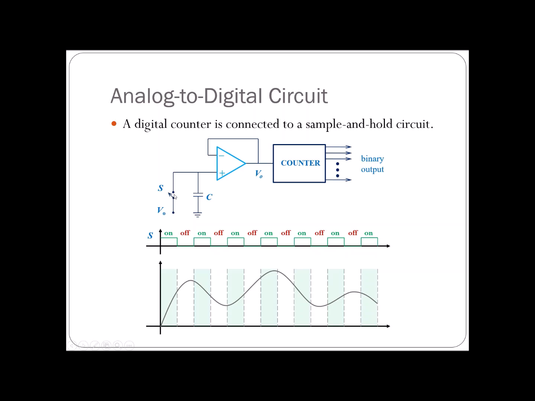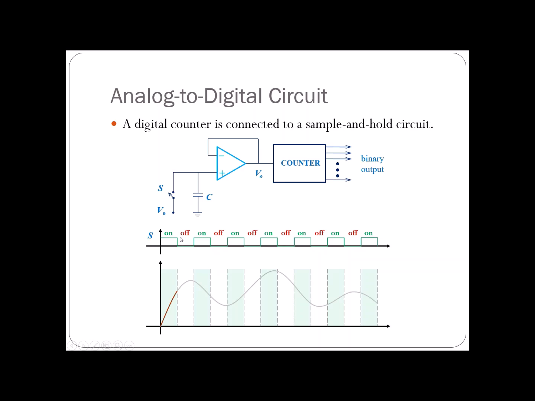And since this is connected, of course, this amplifier will just work as a voltage follower. So during this instance, when the switch is connected, the output of this op-amp will just follow the actual analog input signal.